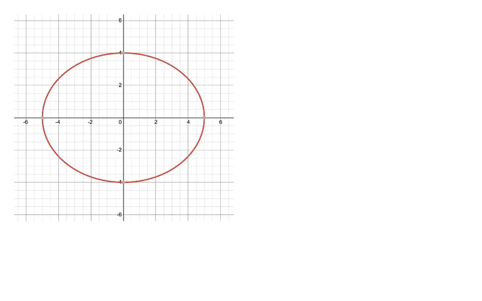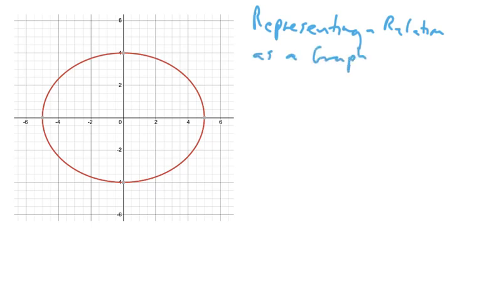Especially important in mathematics is the idea of representing a relation as a graph. Now, we've seen some graphing already, and we have the idea of getting various shapes.